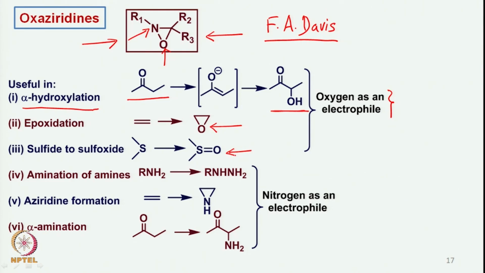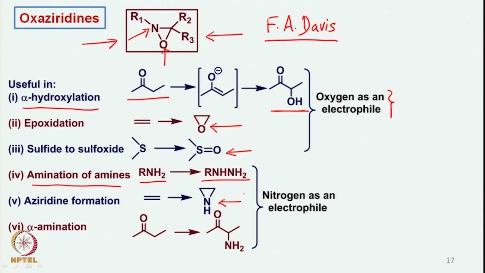Nitrogen can also be transferred if one takes an amine, for example. So, you can start with an amine and you can make this hydrazine. We are transferring nitrogen. There are possibilities of transferring nitrogen similar to the epoxide type of formation. One can also get the corresponding aziridines.